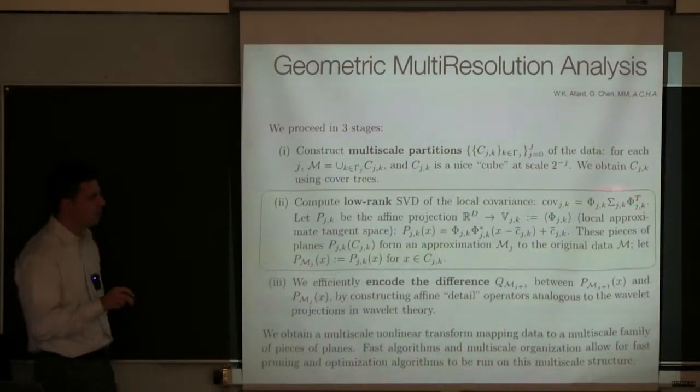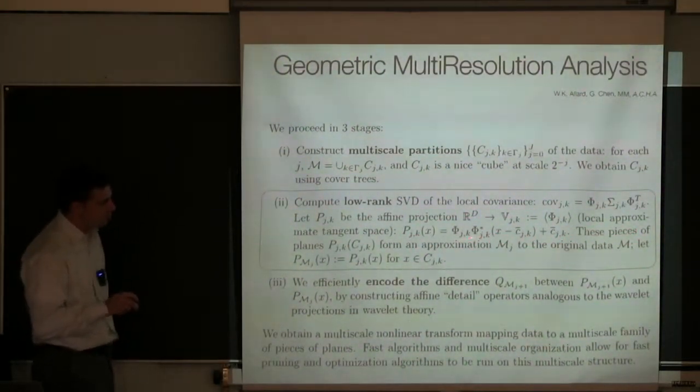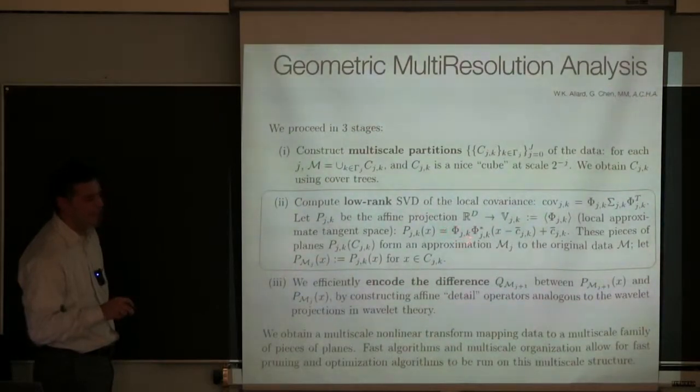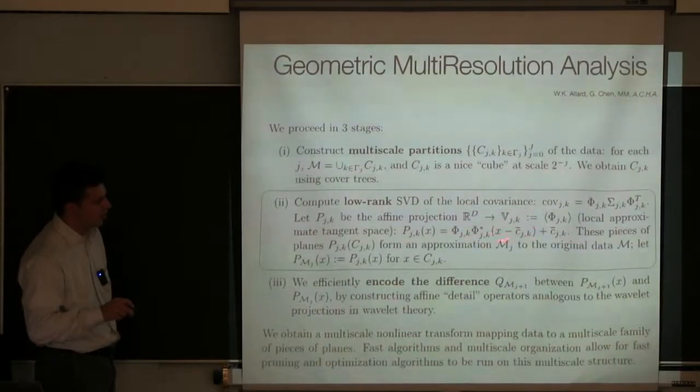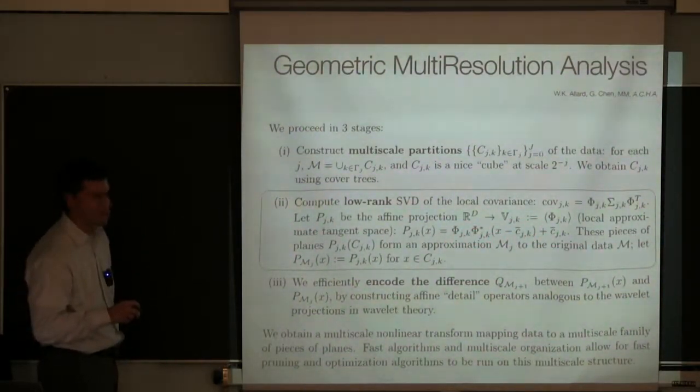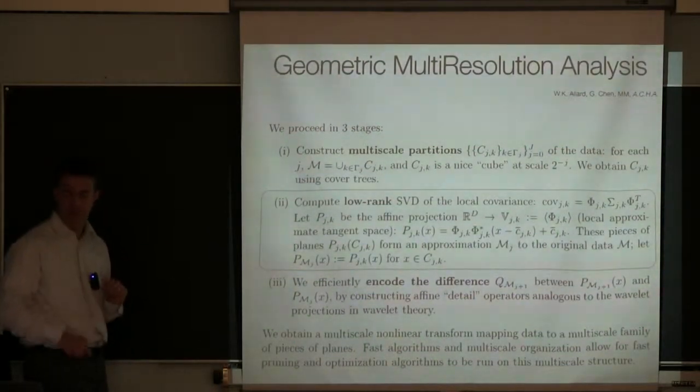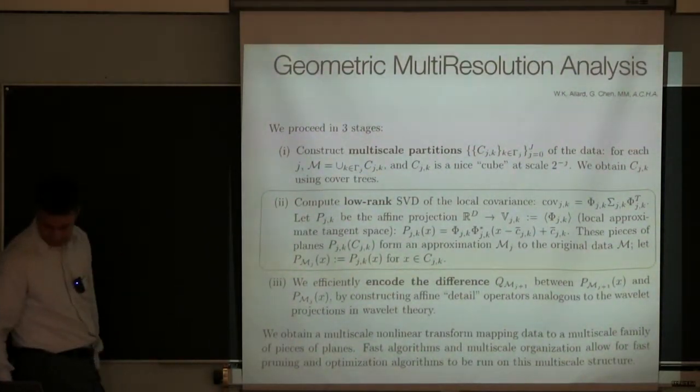So in each piece of the data, I'm going to compute the covariance matrix, and I'm going to find a low-rank projection by doing PCA. So I'm going to construct vectors, which I call phi_{j,k}. Those are like the U vectors in the second slide, that project my data locally onto a low-dimensional plane. And the dimension of the plane is going to be small d, the target dimension of the manifold.